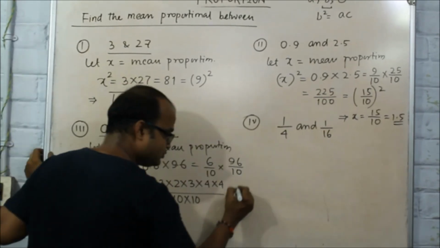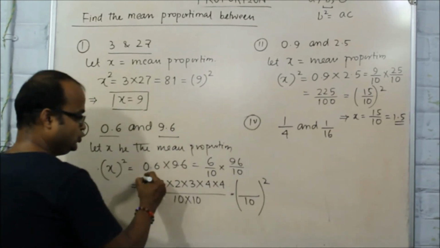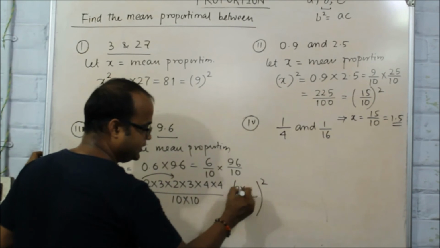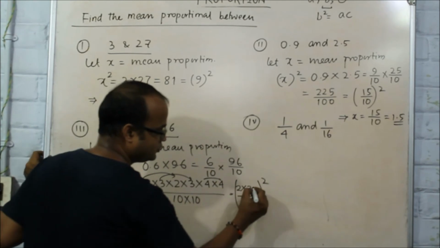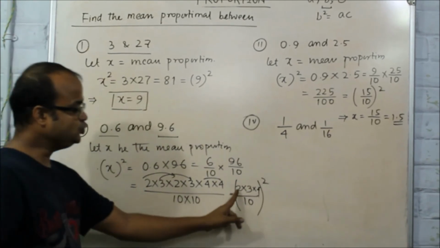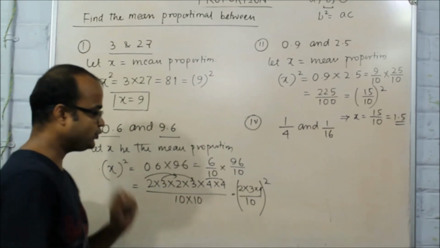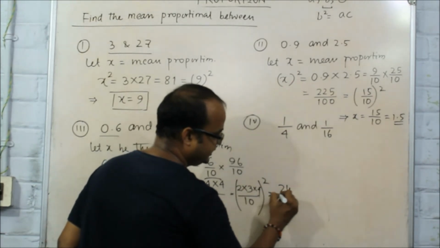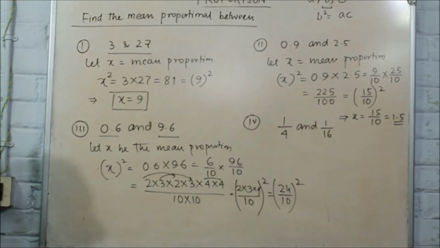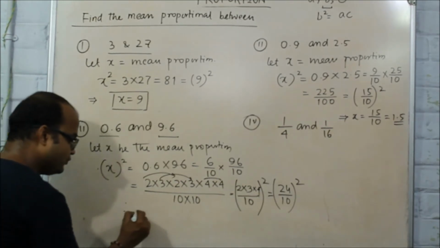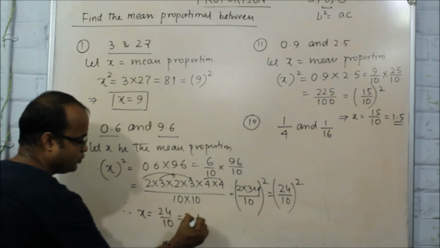Now 10 appears 2 times, so we can write 10 square. 2 appears 2 times, 3 appears 2 times, and 4 appears 2 times, so we can write 2 into 3 into 4 square. 2 3s are 6, 6 4s are 24. So this will be equal to 24 by 10 square. Understood? So therefore x is equal to 24 by 10, which is equal to 2.4.